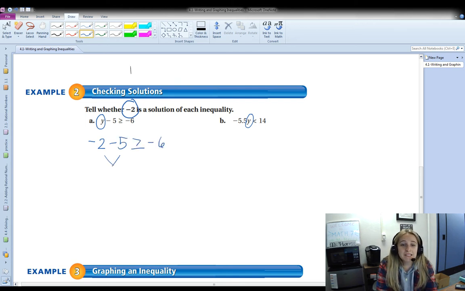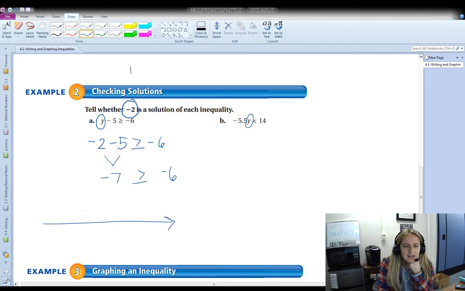Again, all I'm going to do is simplify down that left side. -2 minus 5 is going to give me -7 is greater than or equal to -6. Okay, -7 and -6. So 0's here, let's say -6 is here, -7's here. Is -7 greater than -6?